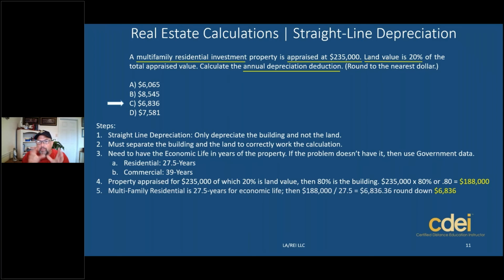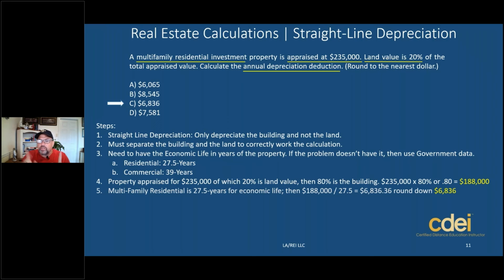So a couple of key words you have to concentrate on, and I want to show you why. Now, we know that we have to break out the building. By definition, the principle or rule, whatever you want to use, land is not depreciated, only the building. So we had to break out the building, which is 80% of the total. Remember, land's 20%, so the building's got to be 80%. So we broke out the building.